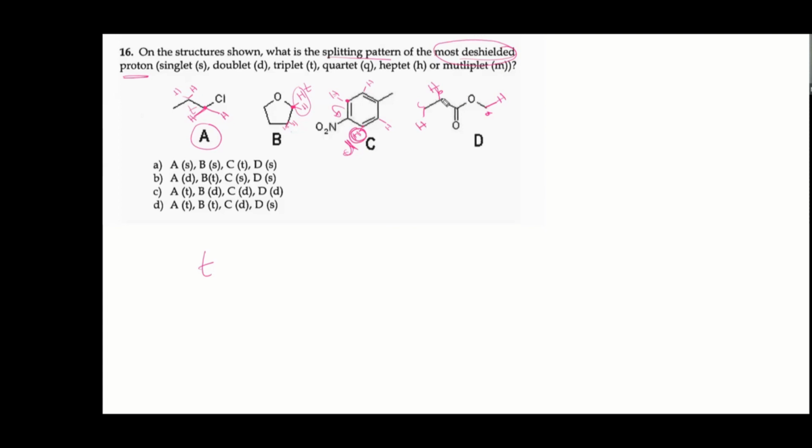This carbon's hydrogen. We are not talking about carbon spectroscopy here. This carbon's hydrogen is going to appear around 2.1, 2.2 ppm, whereas this one is going to be around 3.8 ppm. So this is the most de-shielded, and that will be a singlet because you don't have anything next to it.